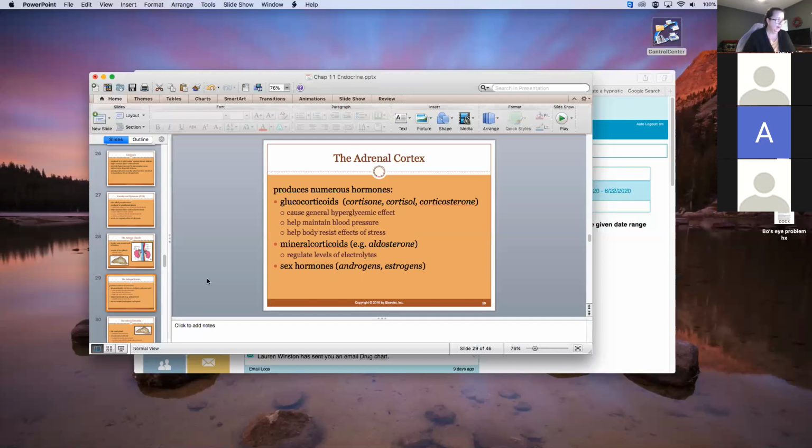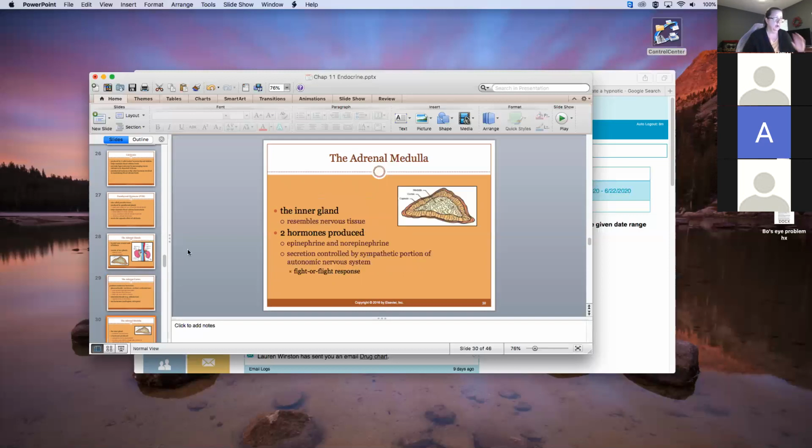And then the medulla primarily produces epinephrine and norepinephrine, which we know are the primary hormones. So cortisol, norepinephrine, and epinephrine are your fight or flight. Aldosterone is more of your electrolyte levels. But again, electrolyte levels are key for cellular function. So we're not going to be able to process stress if we don't have adequate levels of these hormones.